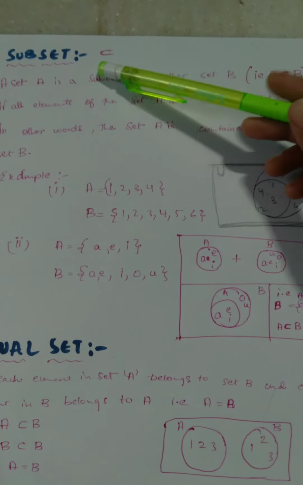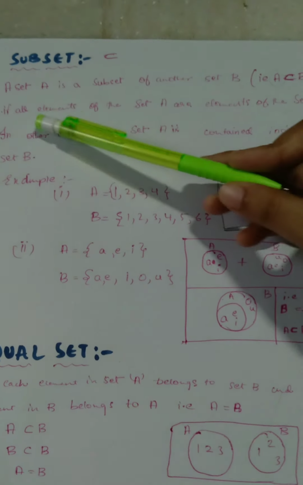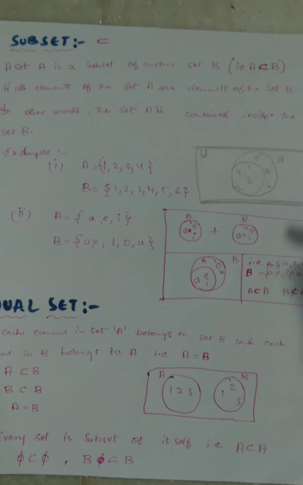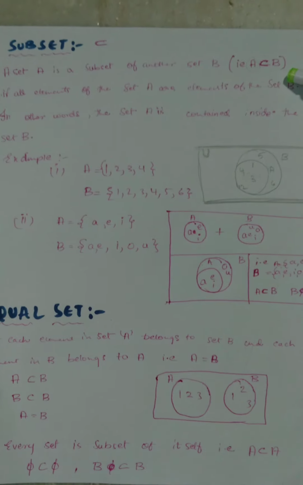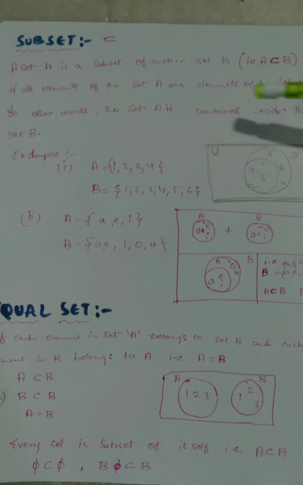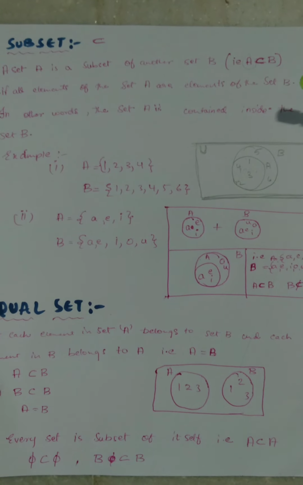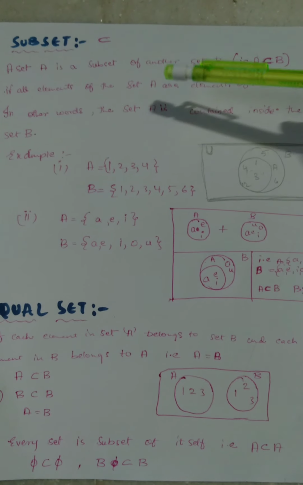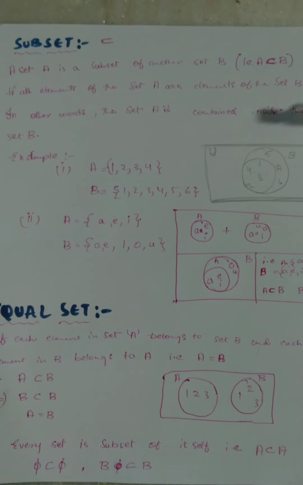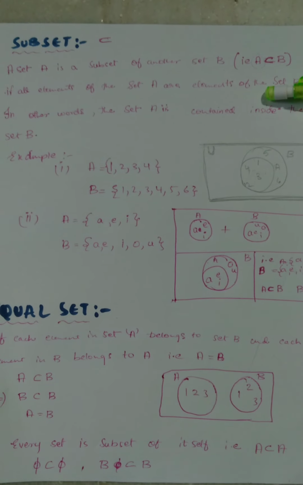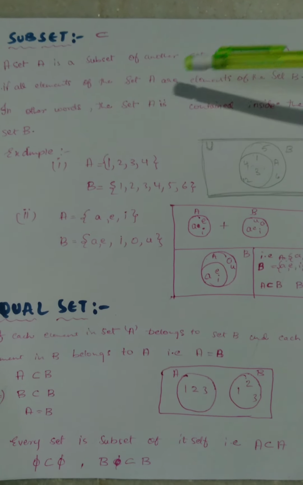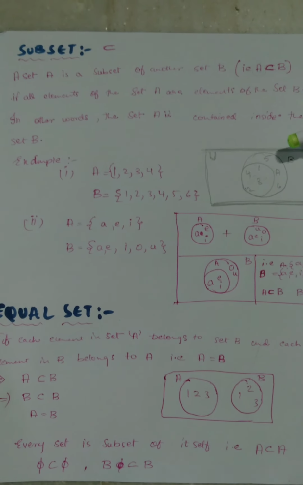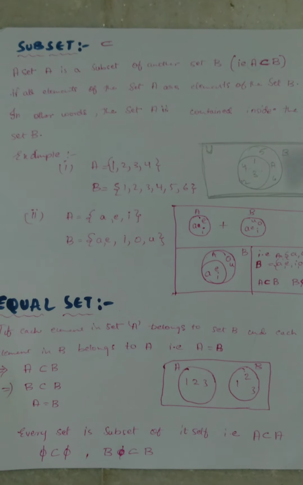We will pronounce it like A is a subset of B. So a set A is a subset of another set B if all the elements of A are elements of the set B. B contains its own elements, but if all the elements of set A are in set B, then we say A is a subset of B. In other words, the set A is contained inside the set B.